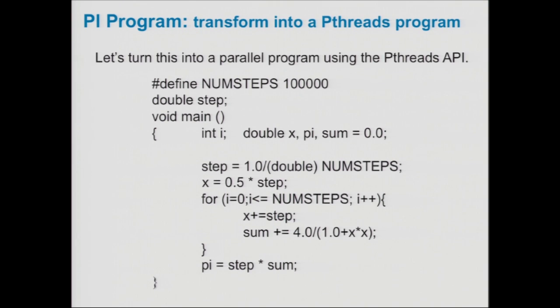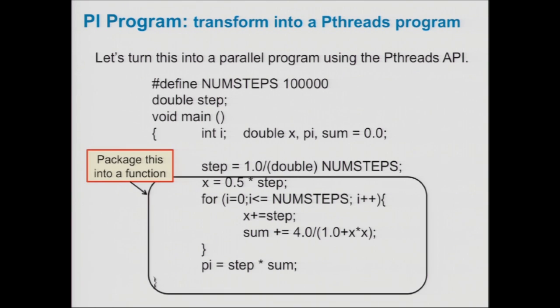So if we wanted to use pthreads, which is a very low-level thread programming API, how would we go about turning this into a parallel program? Well, first thing is we're going to take this loop here and move it into a different function, so that way we can actually execute it in each of the threads we create.